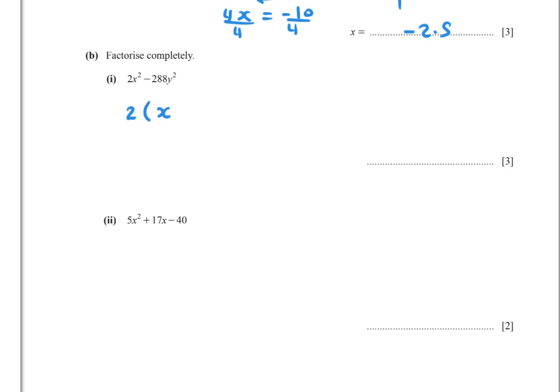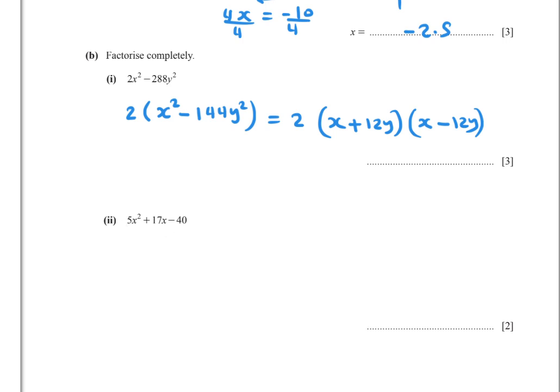You are left with x squared minus 288 divided by 2, which is 144y squared. Now this is a difference between two squares, so we can factorize more. So these two brackets, x squared, so x and x, 144y squared, so 12y and 12y, plus minus or minus plus.